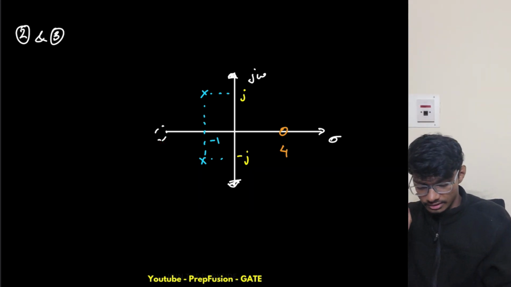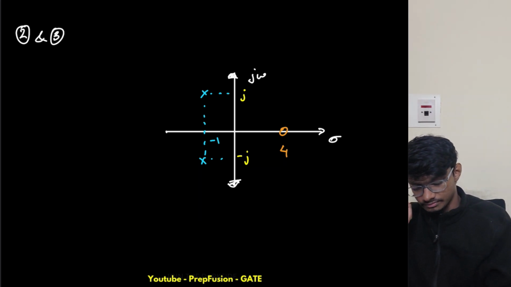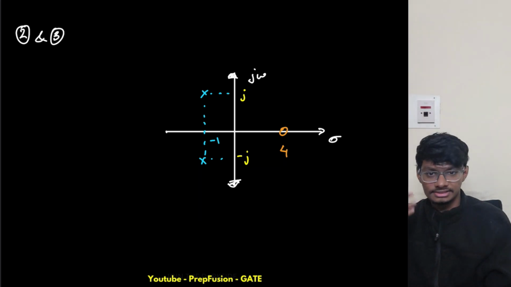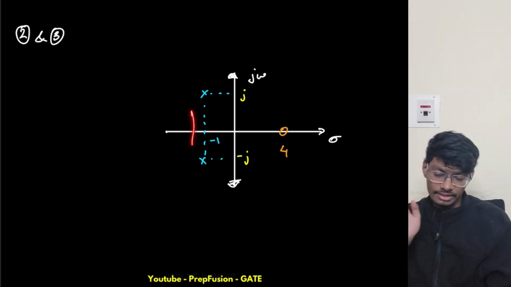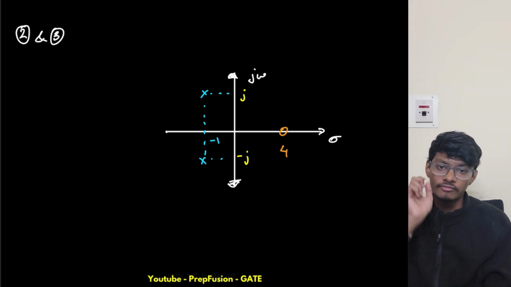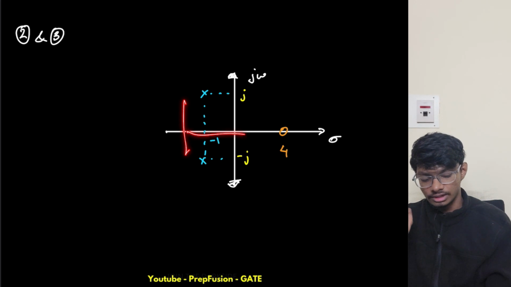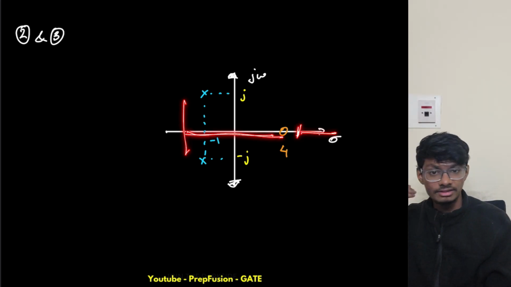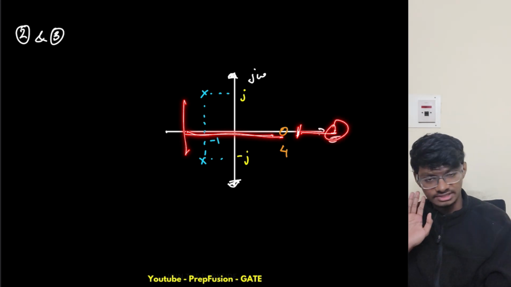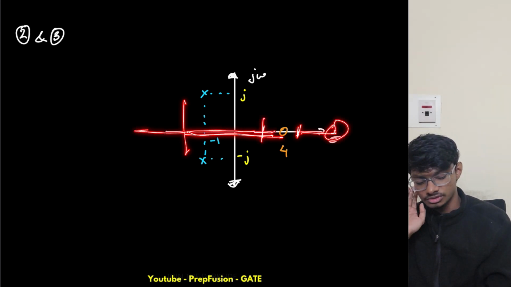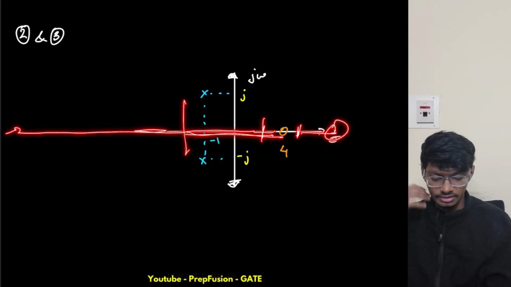Because the real axis rule says that at my right hand side I should have an odd number of poles and zeros. Here I always have 1 zero. If I go beyond it, I don't have any pole or zero, none, that is even. Here I always have 1 pole and zero, so the locus lies on this whole real axis.